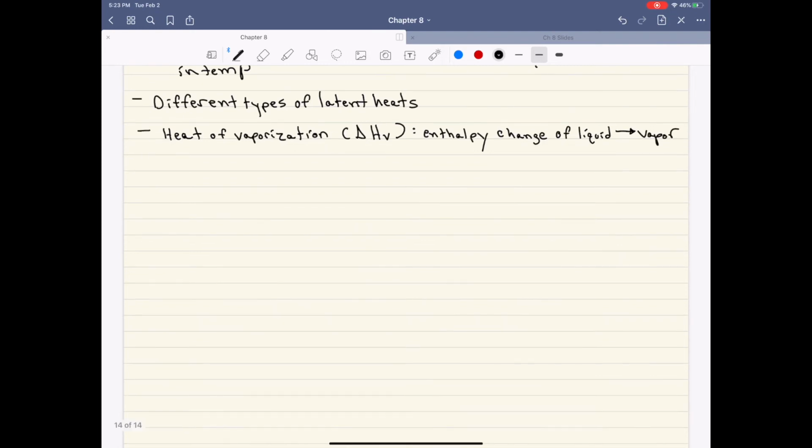A related latent heat that we'll also encounter is the heat of condensation. Okay? And really all the heat of condensation is, it's just the reverse of the heat of vaporization. So rather than going from the liquid to the vapor, heat of condensation is talking about going from the vapor to the liquid. And so because of that, the enthalpy of condensation, or the heat of condensation, is just going to be equal to the negative delta H V.